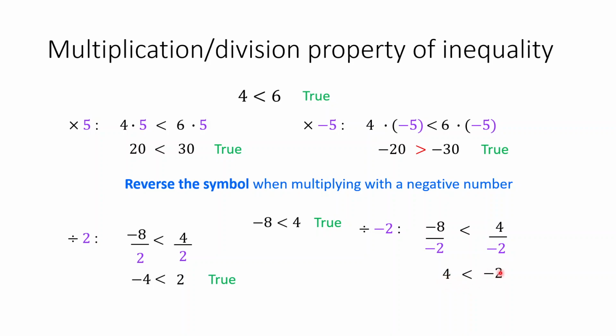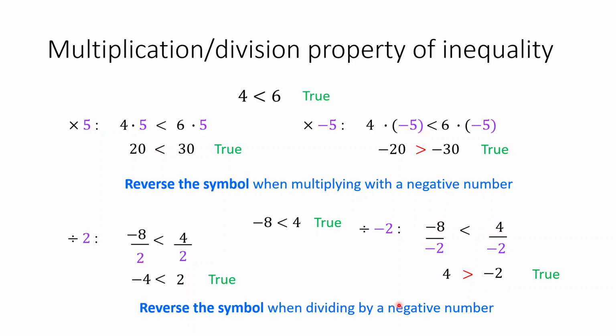Out of these two numbers, 4 is larger. 4 is larger than negative 2. So 4 less than negative 2 is not true. To make this true, you need to reverse the symbol. Now 4 greater than negative 2. This is true. So remember that you need to reverse the symbol when dividing an inequality by a negative number.